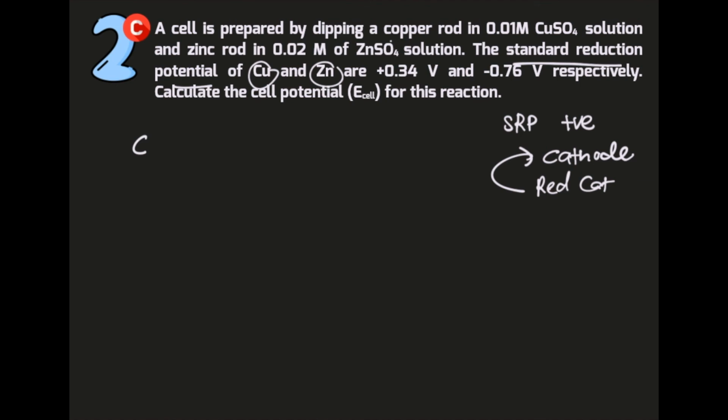In this question you have copper and also zinc. The standard reduction potential for copper is positive 0.34, whereby the standard reduction potential for zinc is actually negative 0.76. So obviously copper is more positive, therefore it shall be at cathode and it will undergo reduction.